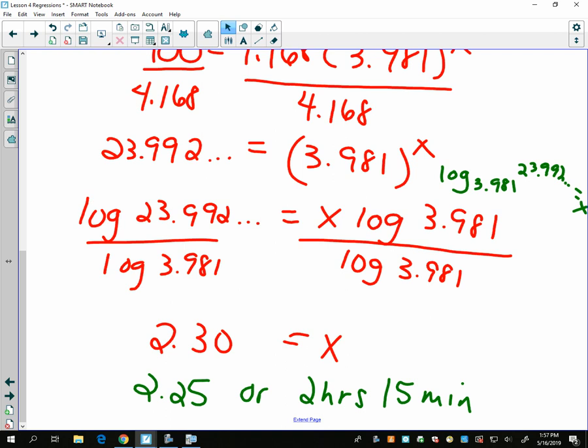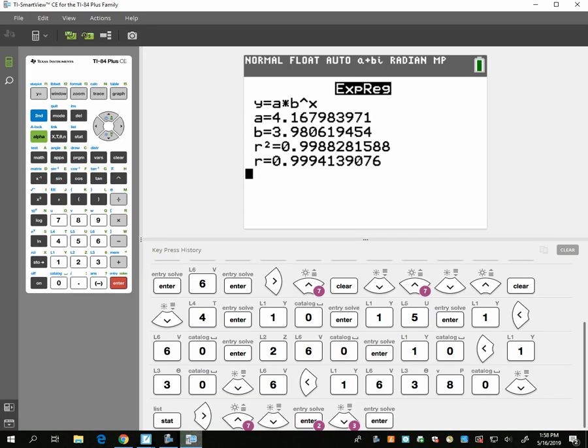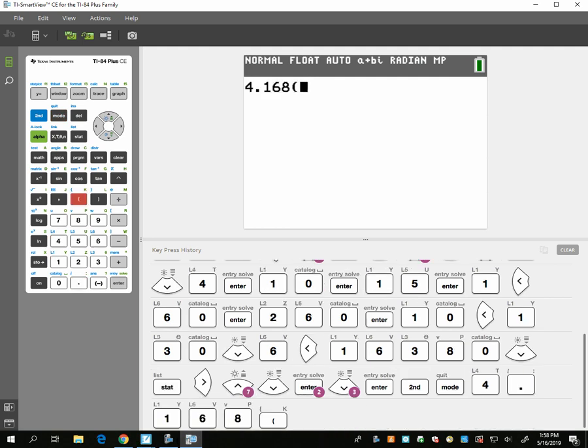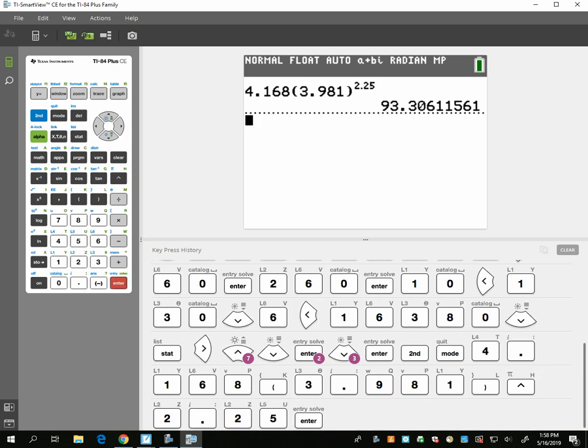I felt like that wasn't the right answer because it was asking for the maximum amount of time that it could be kept safely. But when it hits 2.25, then it's not safe. Are you sure? Did you check it? Like when you plug this in, if you do 4.168 times 3.981 raised to the 2.25. Oh, if you raise it to 2.3. Yeah, maybe that's why they said round it to the nearest quarter.